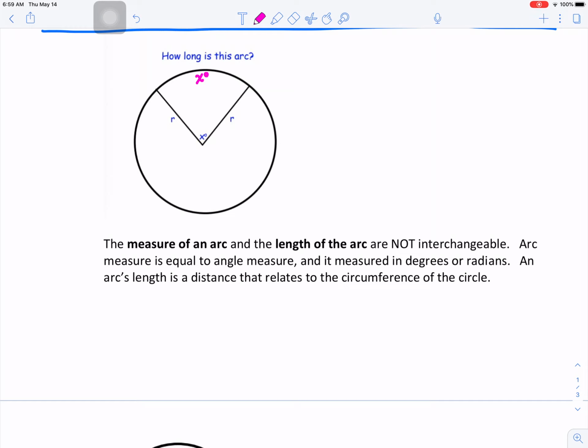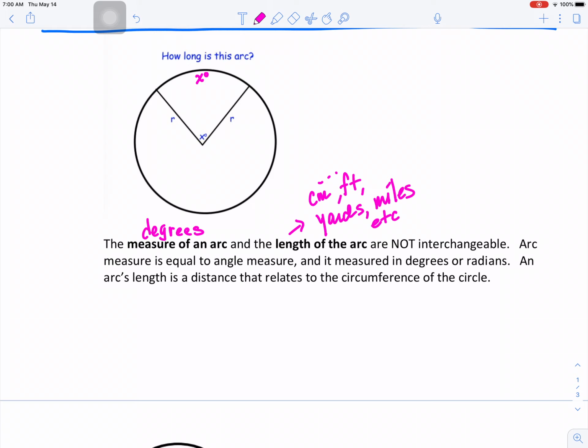But the measure of the arc in degrees and the length of the arc in any unit of measure that's length, centimeters, feet, yards, miles, etc., any linear measurement, they are not interchangeable.